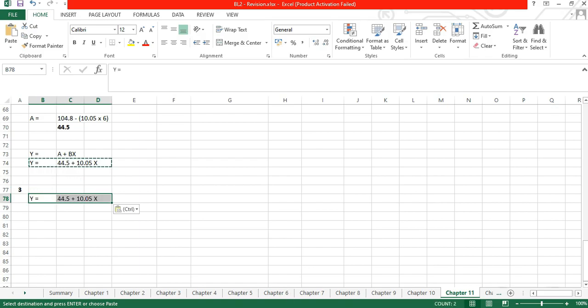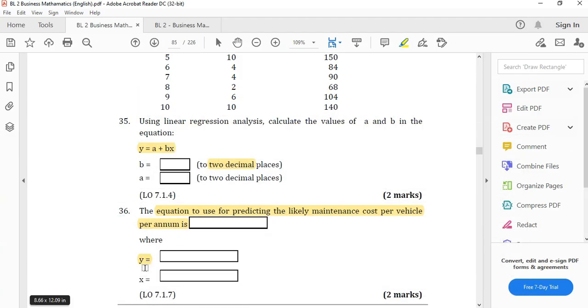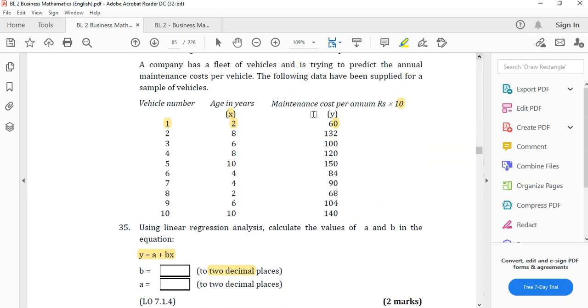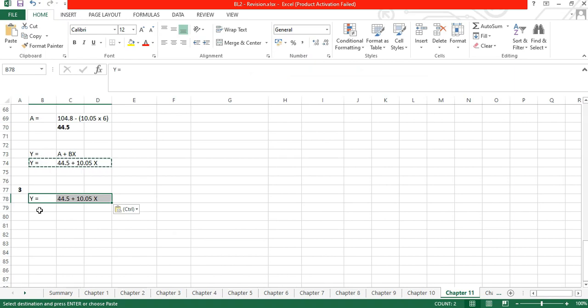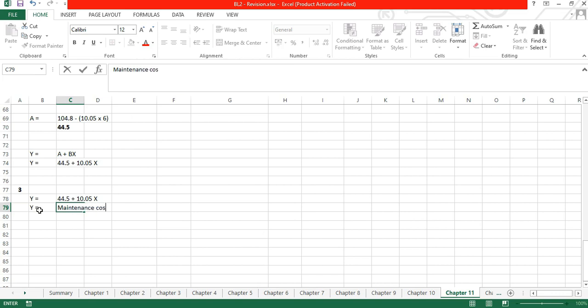And they are asking what will be Y and what will be X. We know Y is, as given, the maintenance cost per annum. This is pretty straightforward, but anyway, maintenance cost per year. And what is X? They have already given, but X is the age, the number of years.